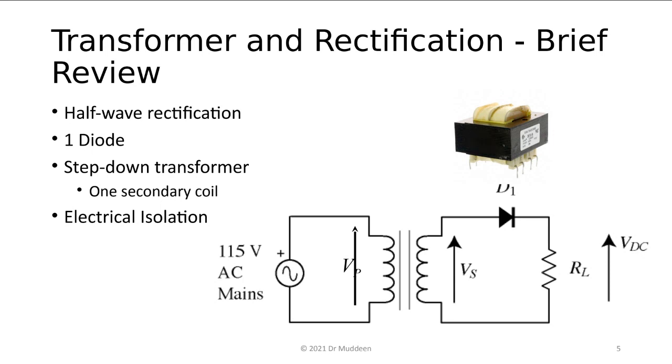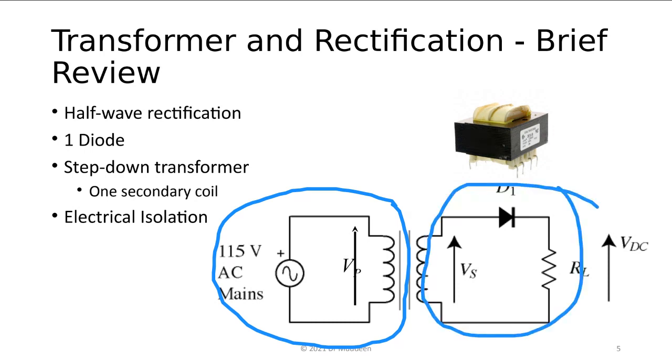Okay, and then there's a little comment here that a transformer provides something called electrical isolation. This part of the circuit here, and this part of the circuit on the other side, the secondary, there is no electrical connection. Remember, it's a magnetic connection. You have a coil on the primary and a coil on the secondary.